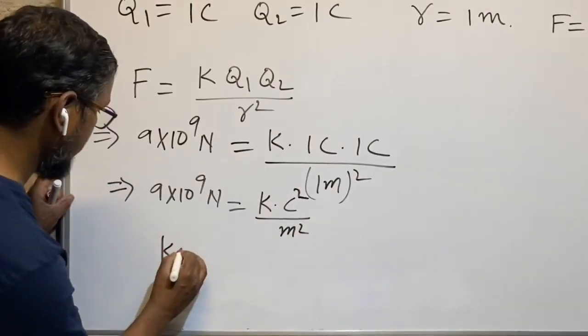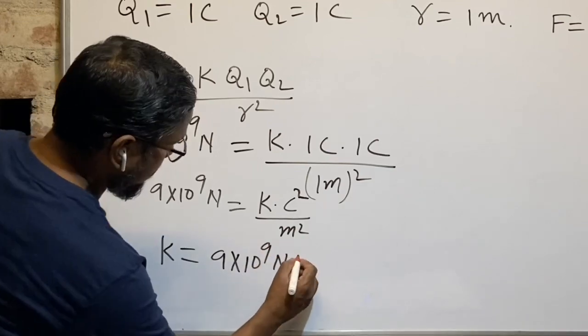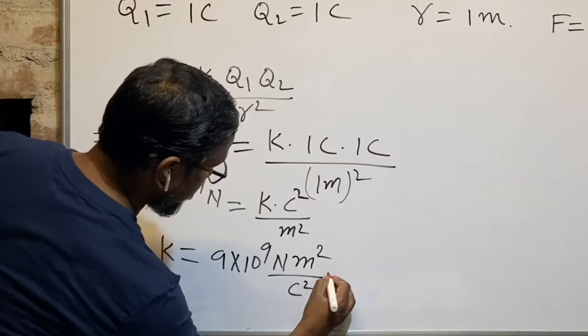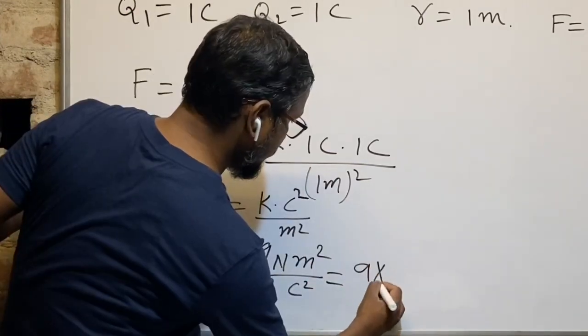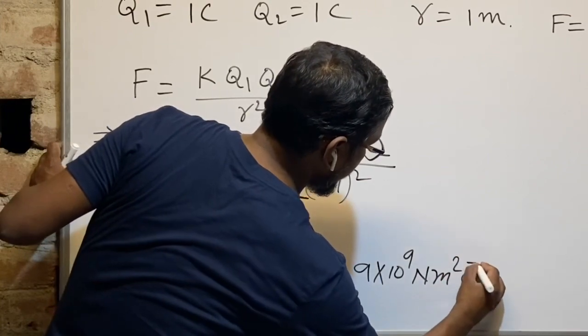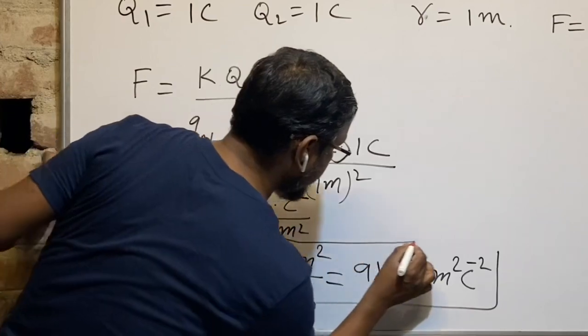K is equal to 9 into 10 to the power 9 Newton meter square by Coulomb square. That can also be written as 9 into 10 to the power 9 Newton meter square per Coulomb square. So this is the value of K in SI unit.